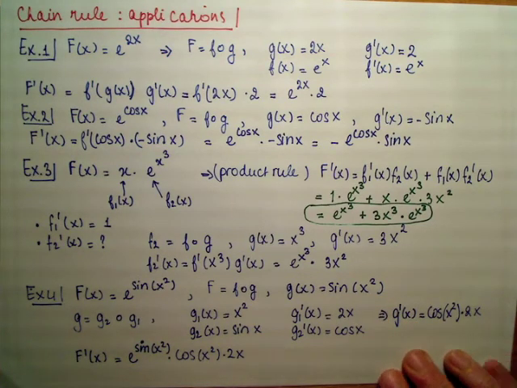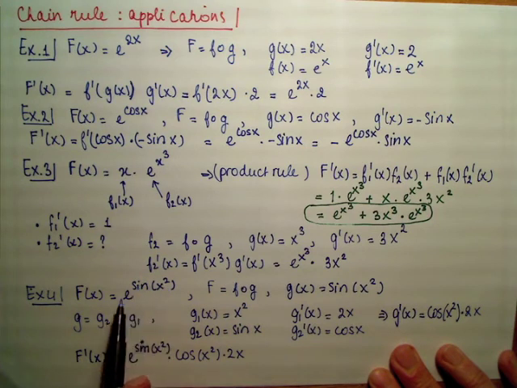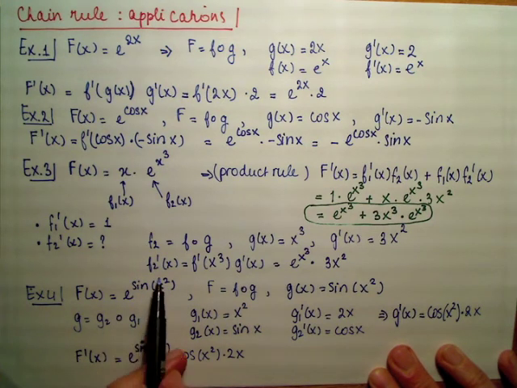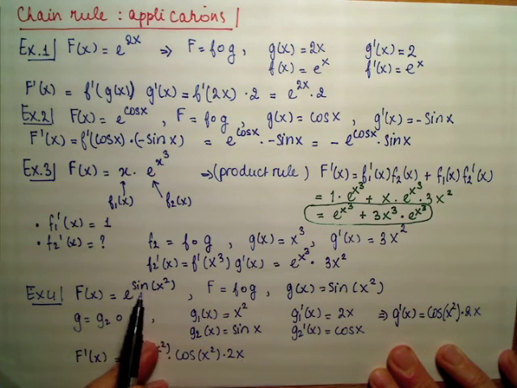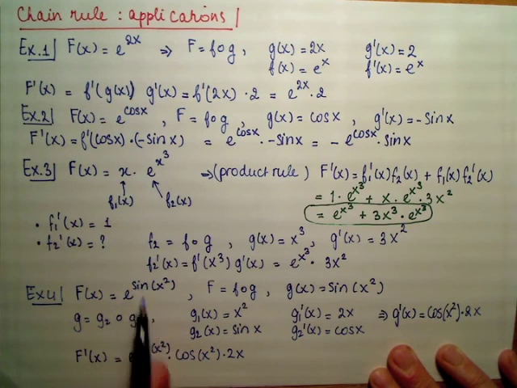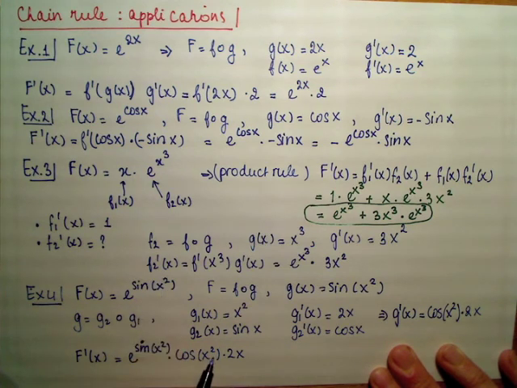Okay, so sometimes when you get a little bit more practice, you will do it immediately, because you see this three-step composition. So first you compute the derivative of the first step, which is 2x, which is here. Then you compute the derivative of the second step, which is taking the derivative of sine of x, equal to cosine, but you plug in the argument we had here, so x squared.